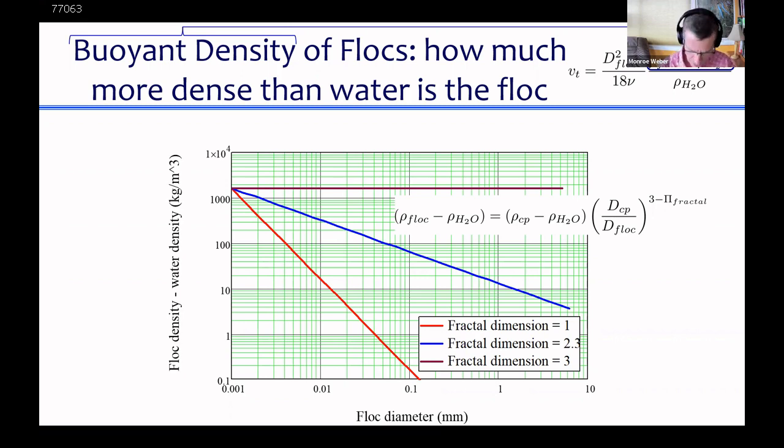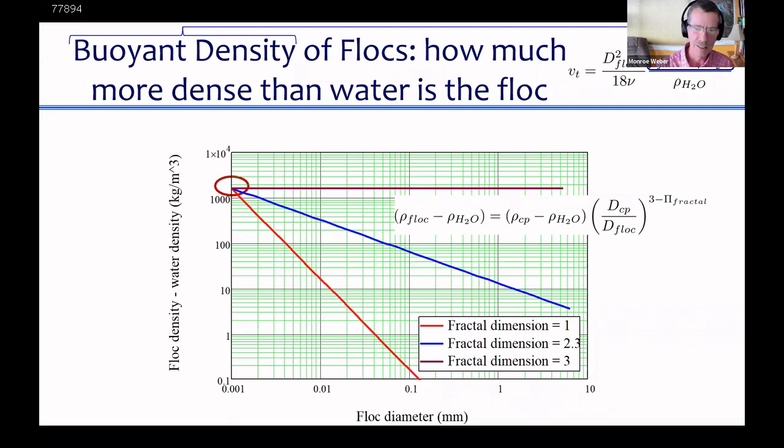Oh, I think we didn't define, why does it start at 1,650 kilograms per meter cubed? Where did that number come from? Did Monroe just invent 1,650 kilograms per meter cubed? Anyone know? That y-axis is the flock density minus the water density.